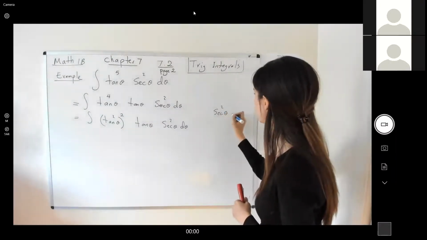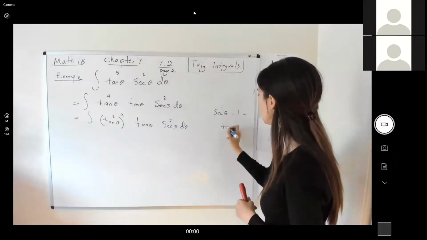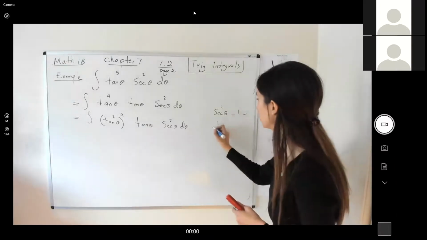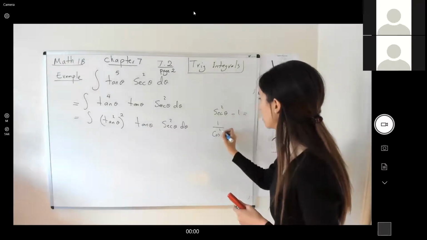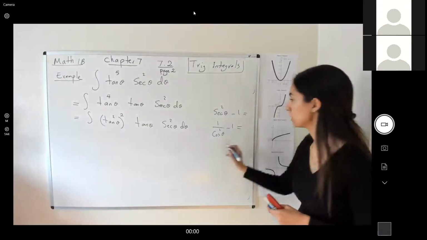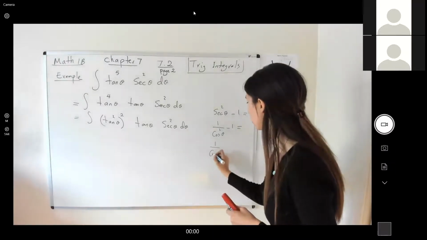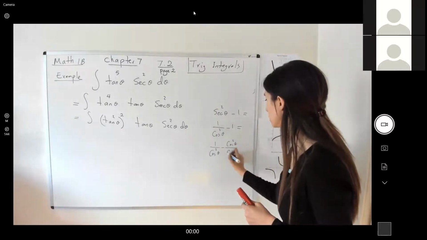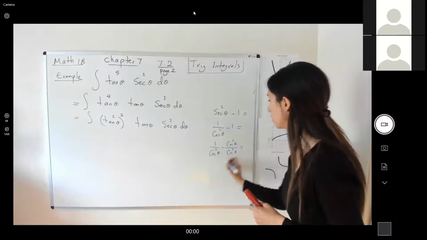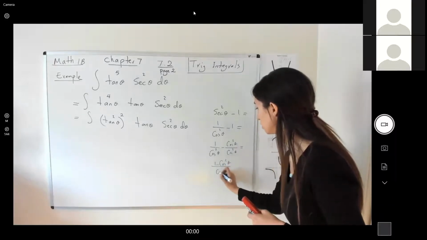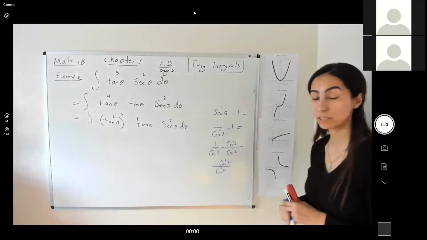Secant squared minus 1 is equal to, so if you remember secant is 1 over cosine squared minus 1. If you take common denominator here, you get 1 over cosine squared minus cosine squared divided by cosine squared, which is 1 minus cosine squared of theta divided by cosine squared of theta.